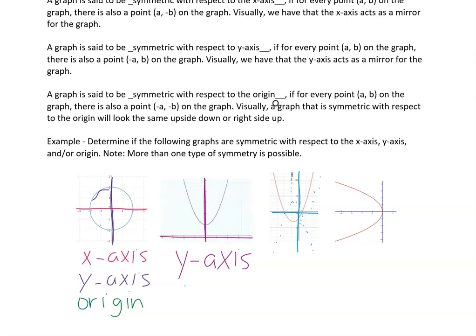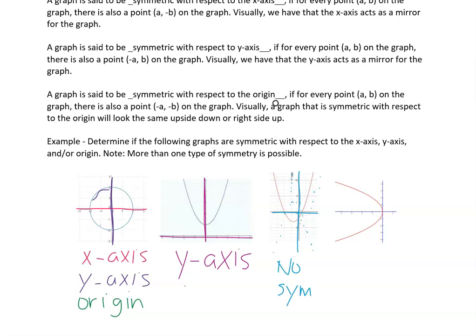And if we were to flip it upside down, it wouldn't look like a U anymore. It would look like an upside down U or V, whichever one you think it looks more like. But that means that it's not symmetric with respect to the origin. So in this case, there is no symmetry for this particular graph.